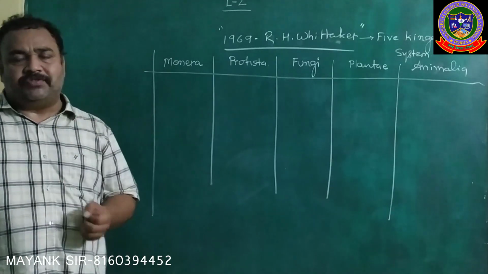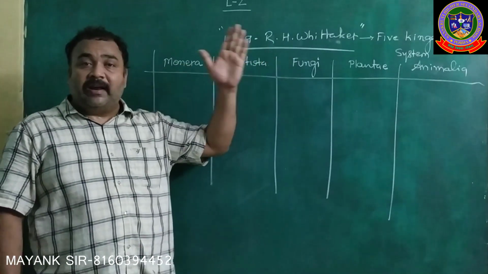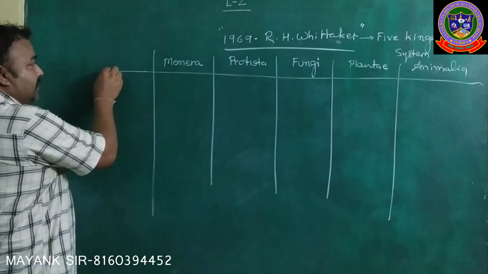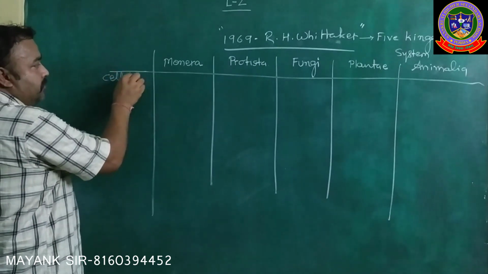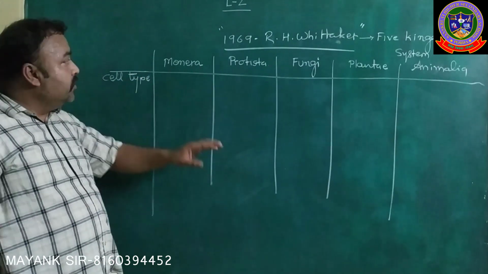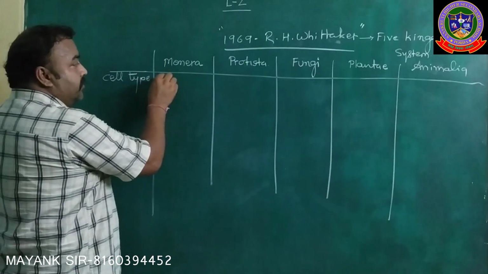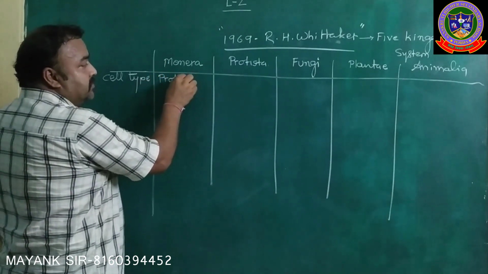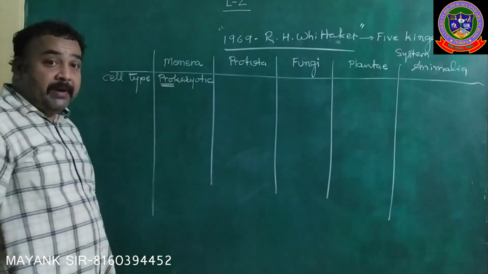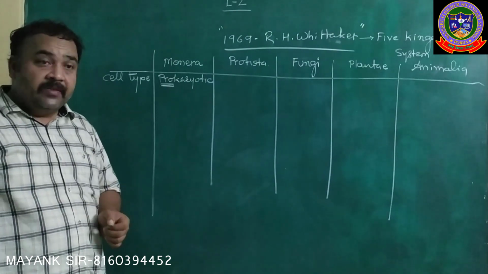Which were the characters depending upon which all the organisms were classified? The first one was cell type. Among them, only Monera were prokaryotic in nature. That means, pro means primitive and karyotic means nucleus.